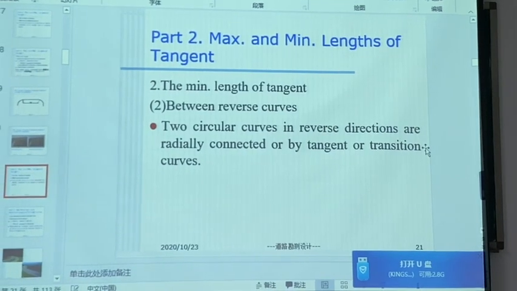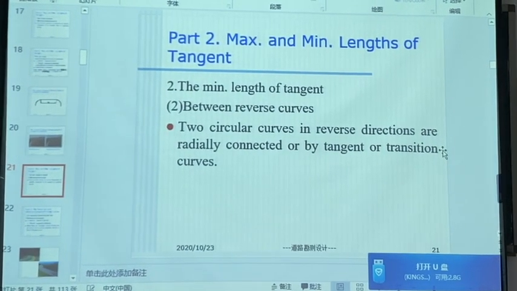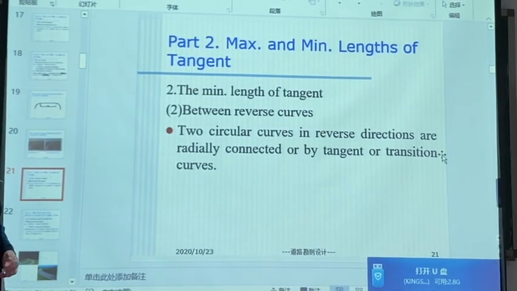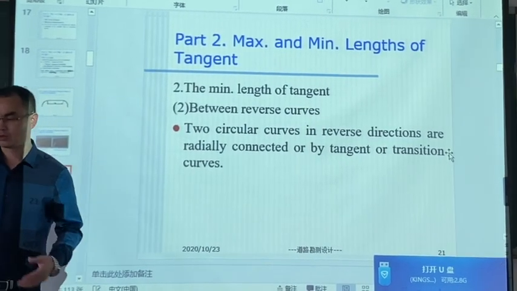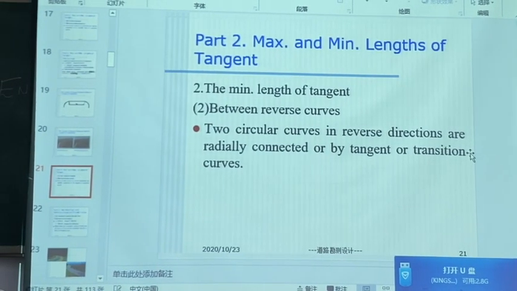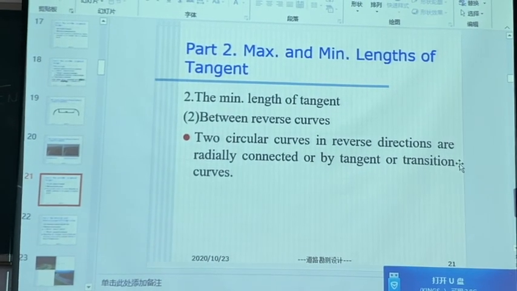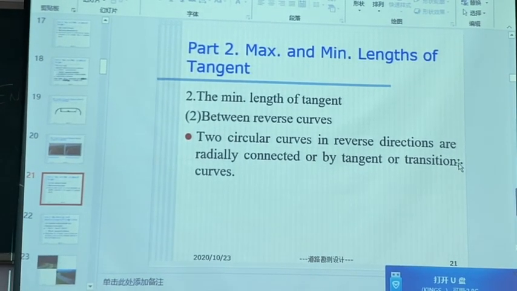The minimum length of straight line between reverse curves. Two separate curves in reverse directions are radially connected or connected by tangent or transition curves.